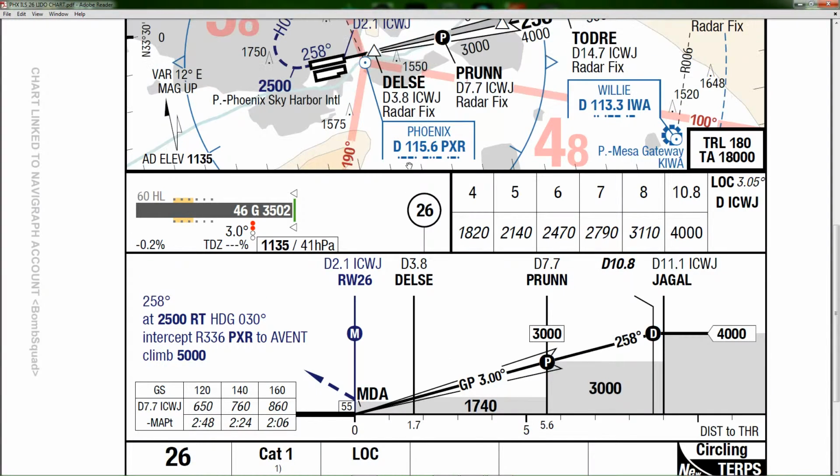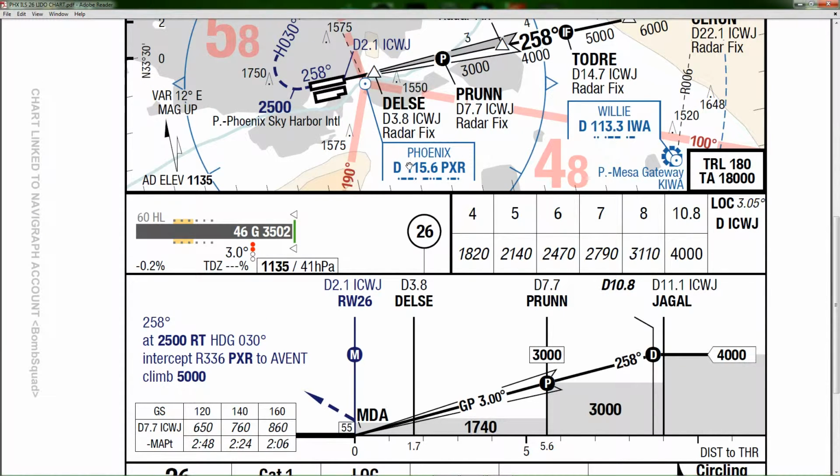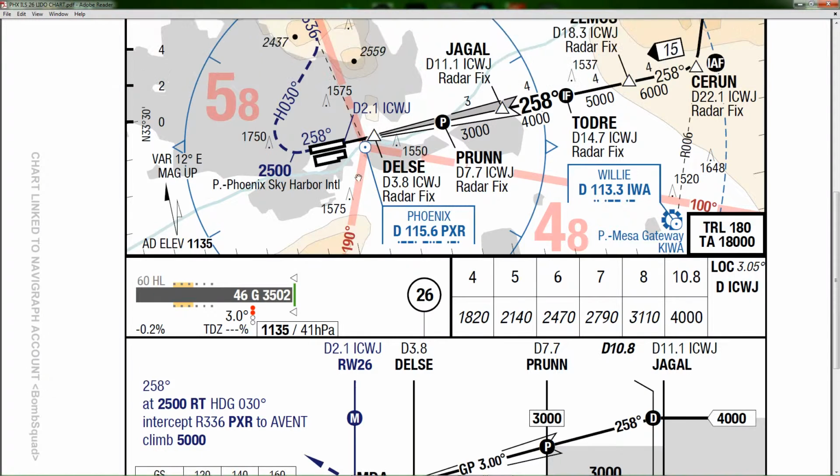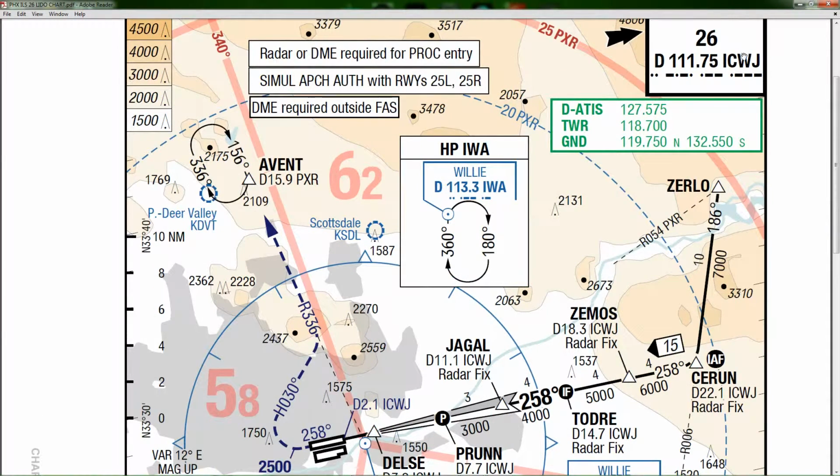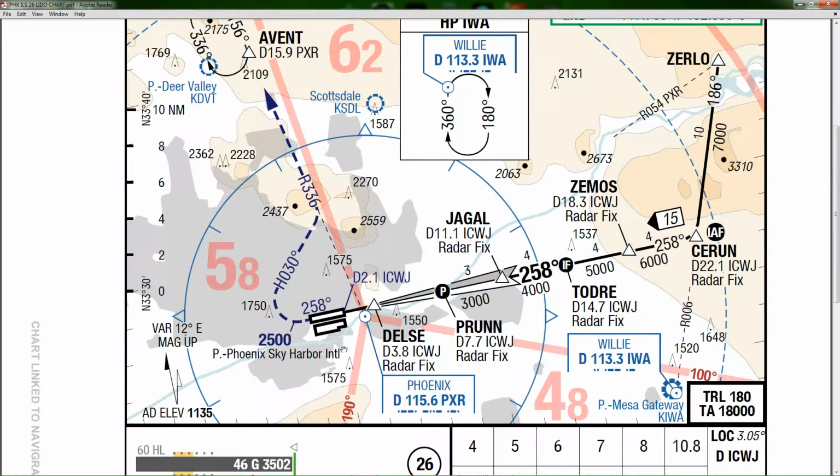Ah, but here's the key, and this is one of those few things I don't particularly like here. If you went to a standard Jeppesen chart, it actually shows you specifically where ICWJ is, and you will discover that it's on this end of the runway. Now, we do have some indication.